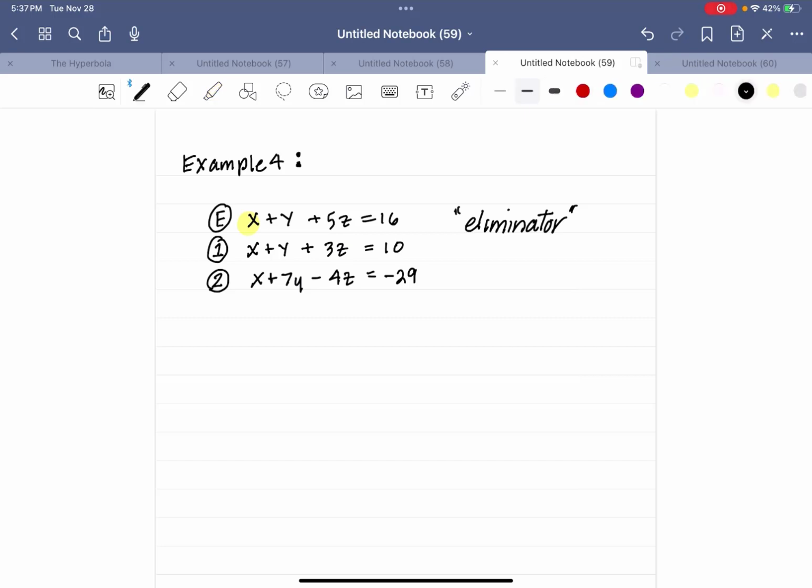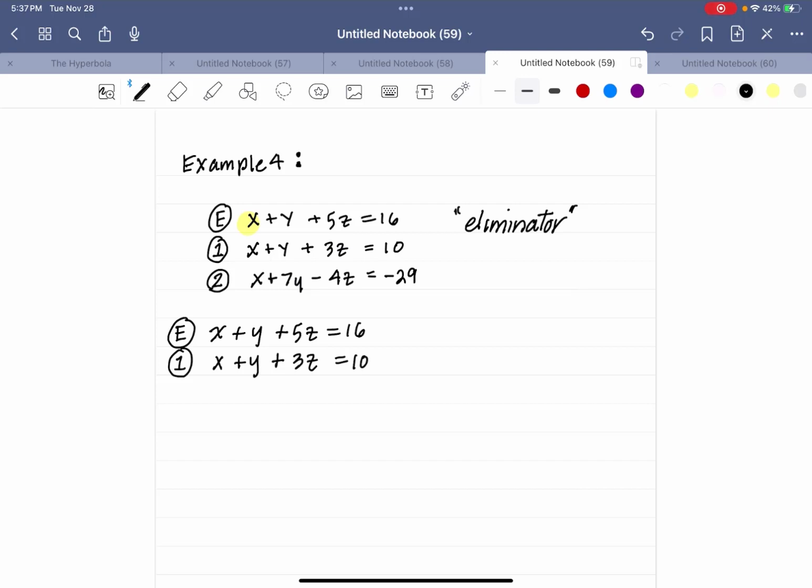And you'll see as I go through here. So the first thing I do is I take E with 1. E is x plus y plus 5z equals 16. And 1 is x plus y plus 3z equals 10.